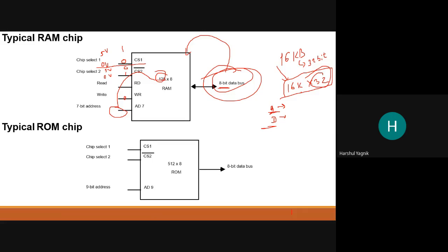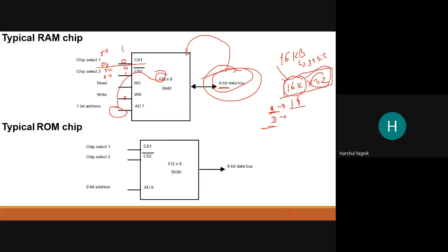Now check your answer yourself, because there are 16k different registers. That means 1k requires 10 bits, 2k requires 11 bits, 4k requires 12 bits, 8k requires 13 bits, and 16k would require a 14-bit address. 2 raised to 14 is 16k.